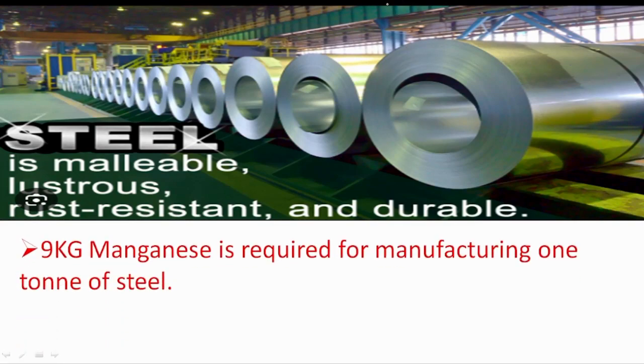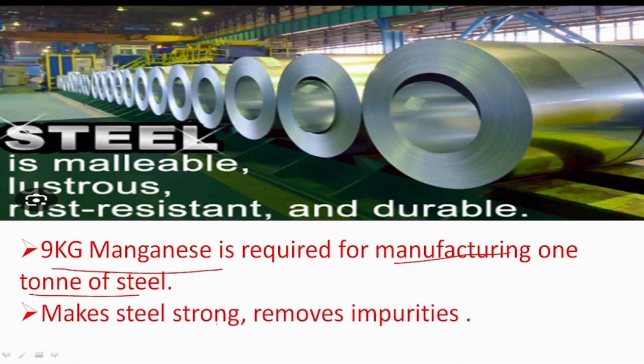So the main importance of manganese is that 9 kgs of manganese is required to manufacture 1 ton of steel. It is the most important mineral for making iron and steel. What does it do for steel?